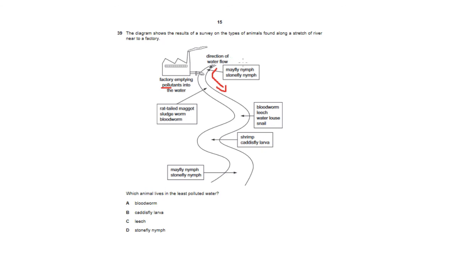So the least polluted water will be before the factory. And here we find the mayfly and the stonefly. And since the mayfly is not here, but the stonefly is, the correct answer to least polluted water is D.